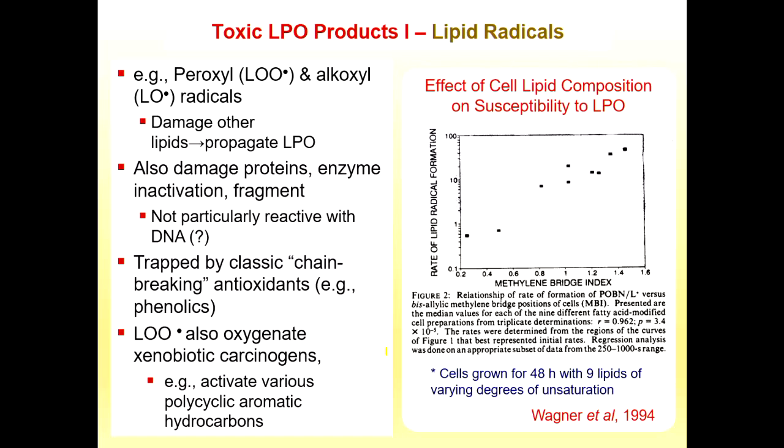These peroxyl radicals are also targets for chain breaking antioxidants, and that includes phenolics and vitamin E. But certainly there's lots of them produced.